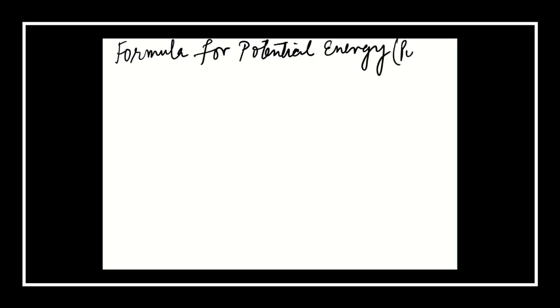Now, we will derive the formula for potential energy. Yes, the energy which is due to the virtue of the position. So, I'll just write down over here that we are taking the case of the position.